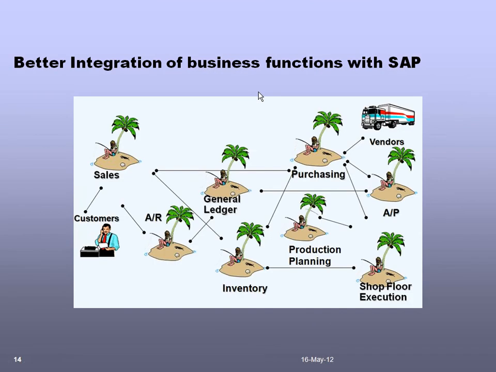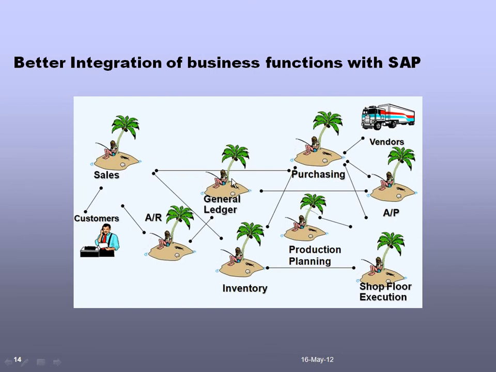Now, better integration, like the wheel which we have seen a couple of screens ago. Now you see here, you take any industry, whether it is banking or manufacturing or service, any industry will have various departments. For example, sales, customers, inventory, production, purchasing, and so on. These departments either may work independently or may work in communication with other departments.